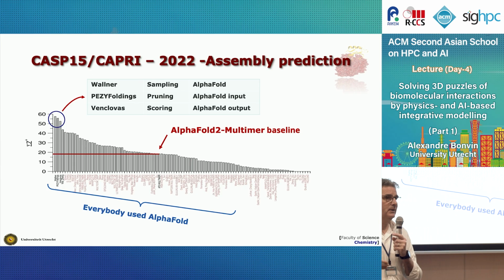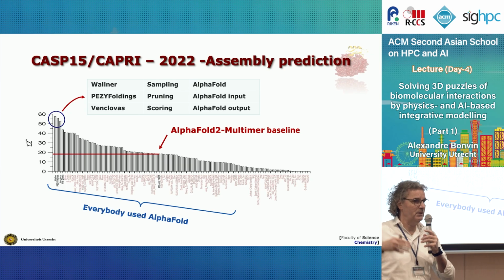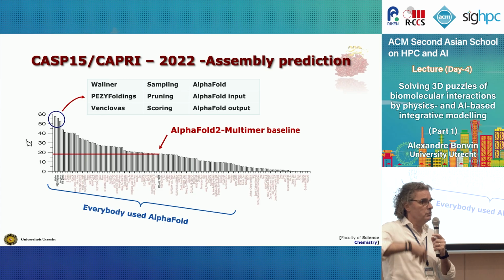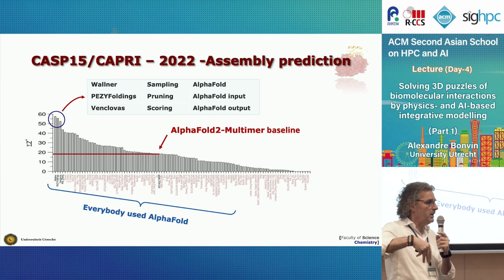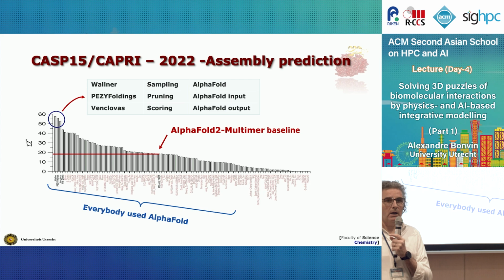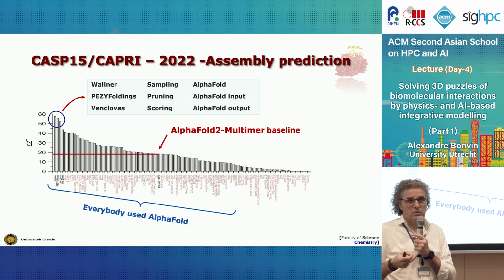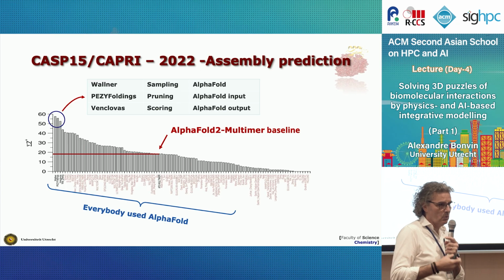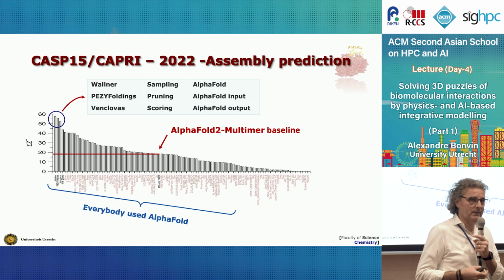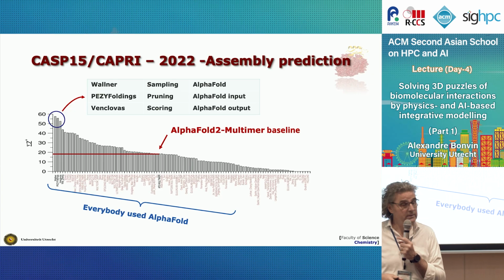So instead of running 25 models, he was running 6,000 models with different seeds. So you just keep repeating AlphaFold predictions with different seeds, and this basically improved the success rate. Okay, so this was massive sampling. Of course, it comes at a major computational cost, so you need a lot of computing to be able to do that.